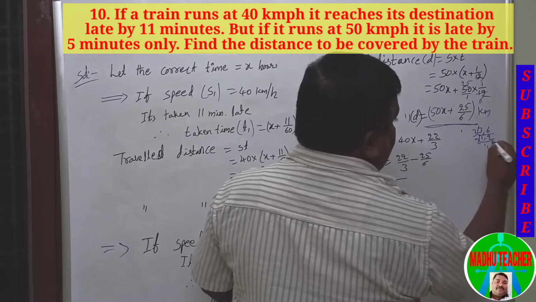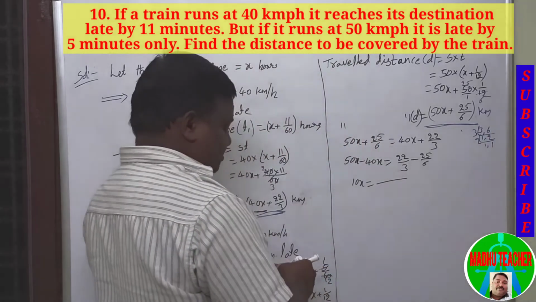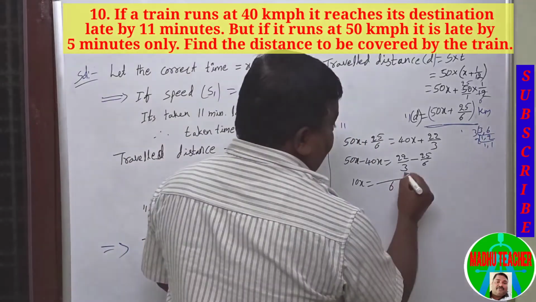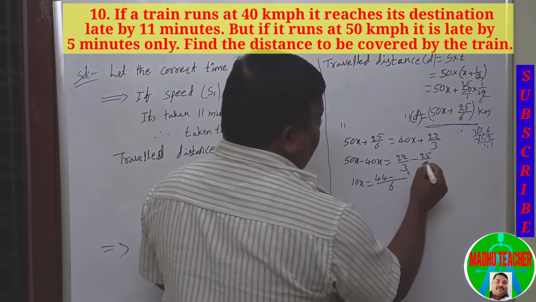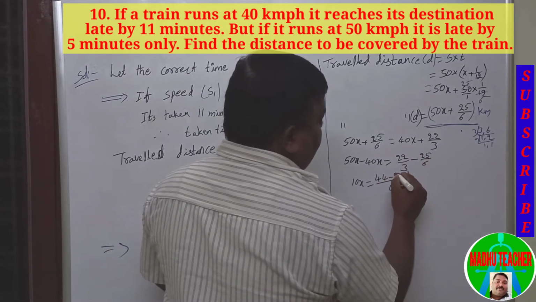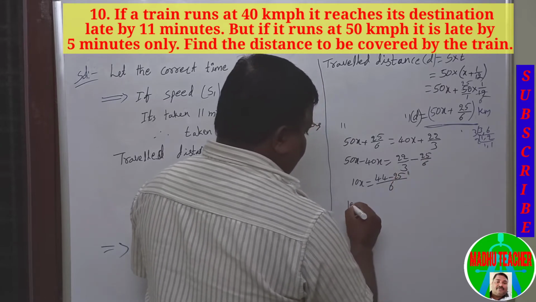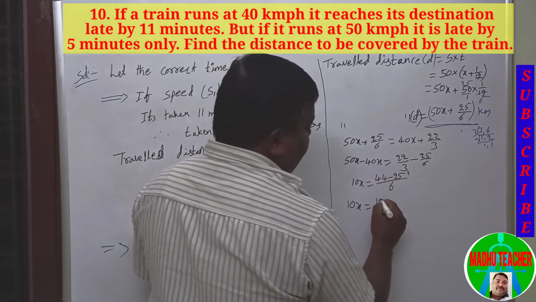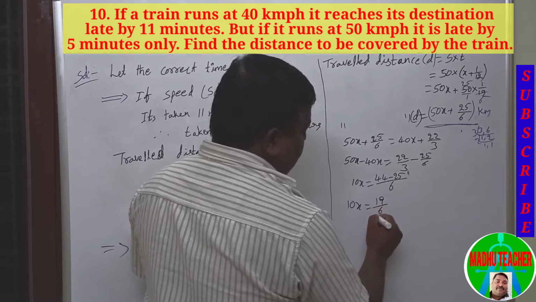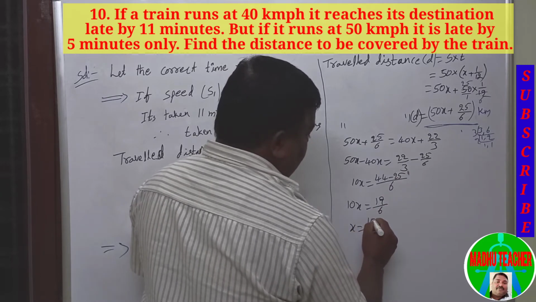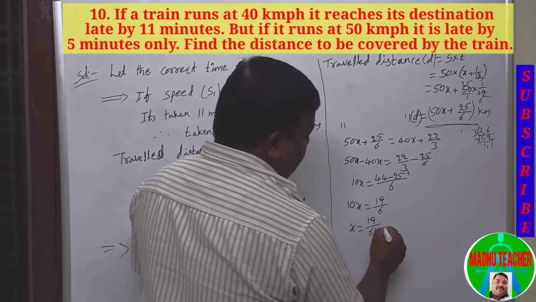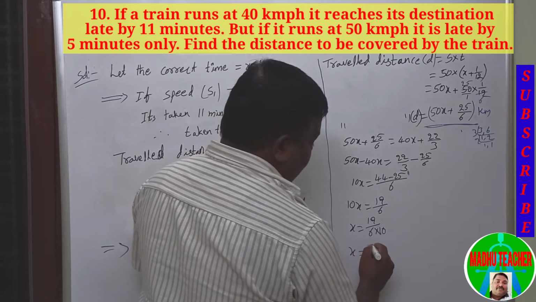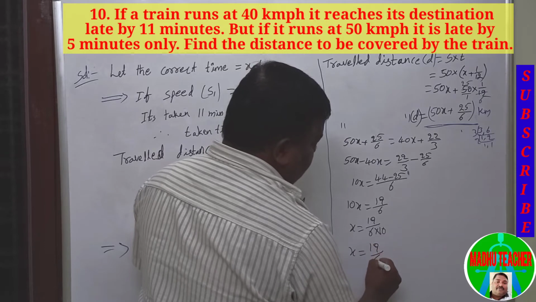So 3 2s are 6, 22 2s are 44, minus 6 ones are 6, 25 ones are 25. So 10x equals 44 minus 25, which is 19, 19 by 6. X equals 19 by 6 into 1 by 10. So x equals 19 by 60.